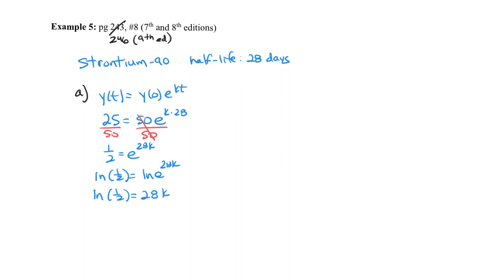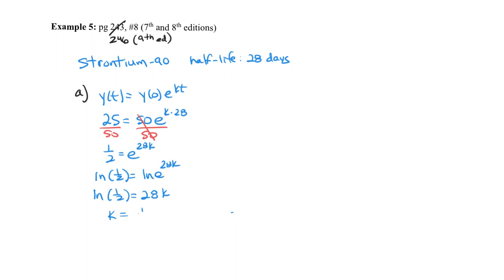So now to solve for k, we could divide each side by 28, but I'm going to purposely do something different because it'll make our equation nicer to work with. So what I'm going to do instead is multiply each side by 1 over 28.